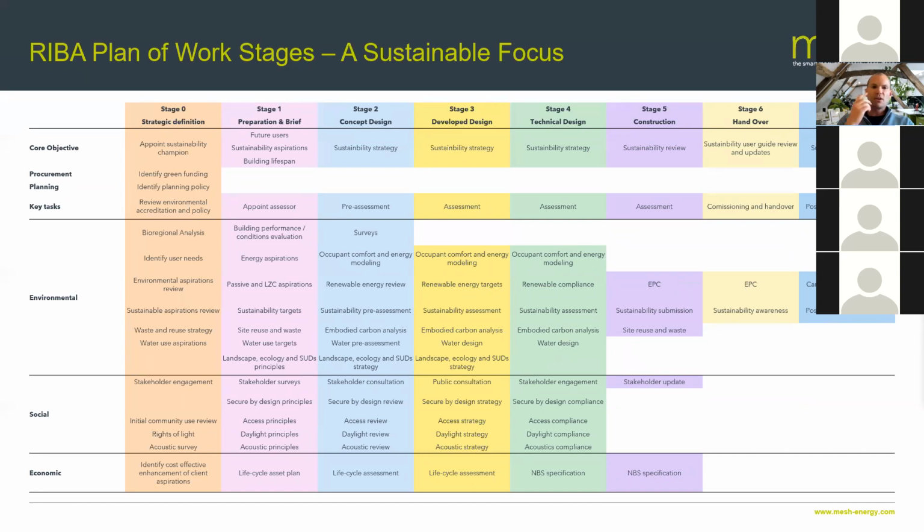And the areas that have been highlighted here, as I say, are based around sustainability. And you can see this is quite heavily front-end loaded. So there's a lot of stuff to do up to stage 3, and equally stage 4. And then as you get into construction, that diminishes.